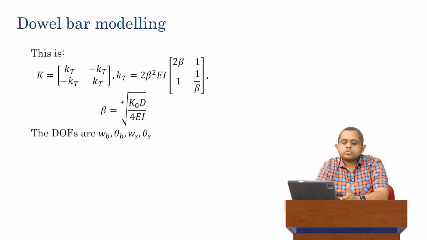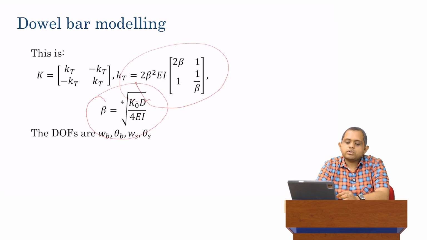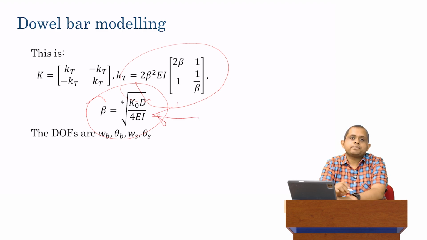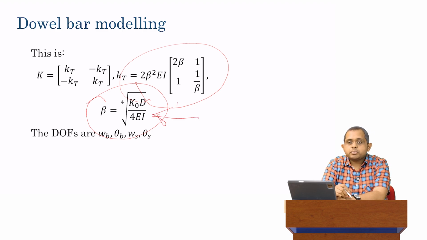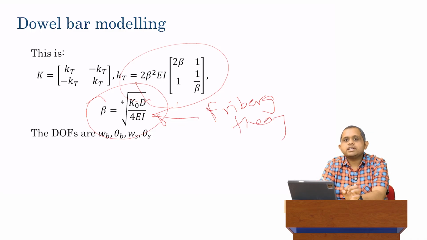That is, K is equal to KT minus KTT, where KT is this term, where beta is this one over here, and you've seen this before. This formulation is basically from Friberg theory. So if you go back to the lecture on Friberg theory, you have seen this particular term beta and this exact formulation for the interaction between the dowel and the concrete.